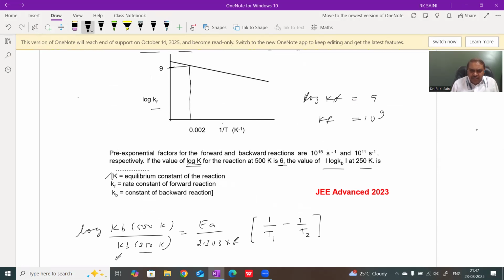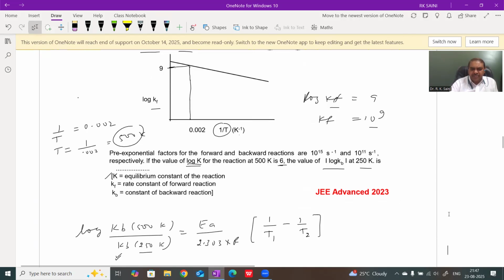The value of 1 upon T in Kelvin inverse is 0.002. It means 1 upon T equals 0.002, so T equals 1 upon 0.002, or we can say 500 Kelvin. It means this equilibrium constant is given at 500 Kelvin, and then we find Kb at 500 Kelvin also.